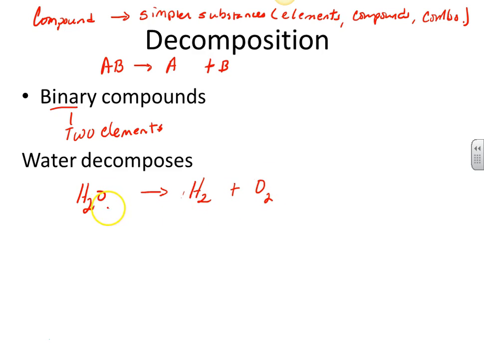Okay, this would be liquid water, hydrogen gas, oxygen gas. And this does need balancing. We've got two oxygens versus only one, so we place a 2 here and then a 2 in front of hydrogen.